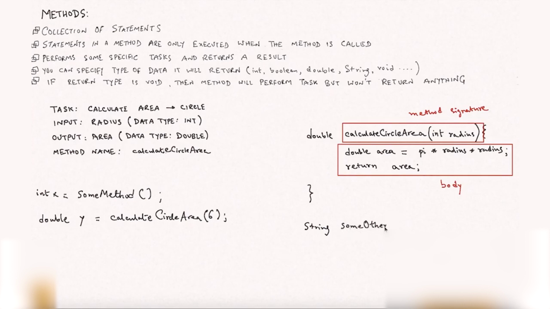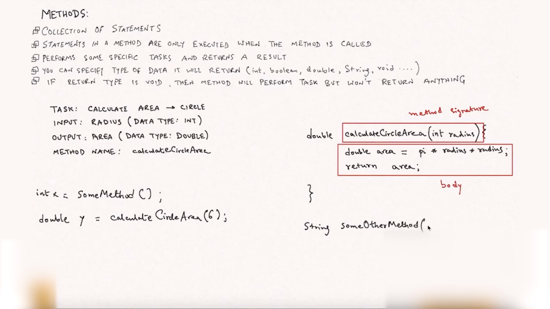I'm not thinking of any name again. Some other method, let's say, right? And it can take many different inputs as well. So you can have one input, you can have no input, or you can have many different inputs, and those inputs don't necessarily need to be of the same type.